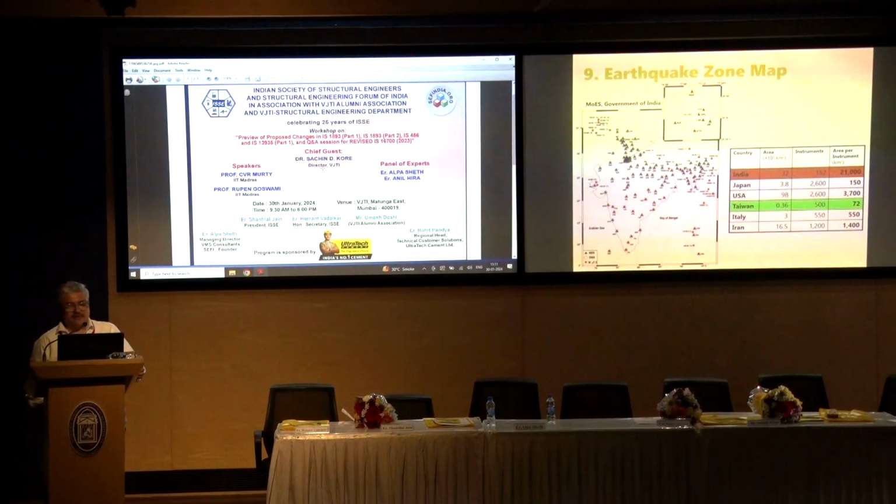But the interesting thing that you would be interested in knowing is that today in India, we have one instrument per 21,000 square kilometers, on an average. Of course, there are regions in the northern part where we have a little more density.